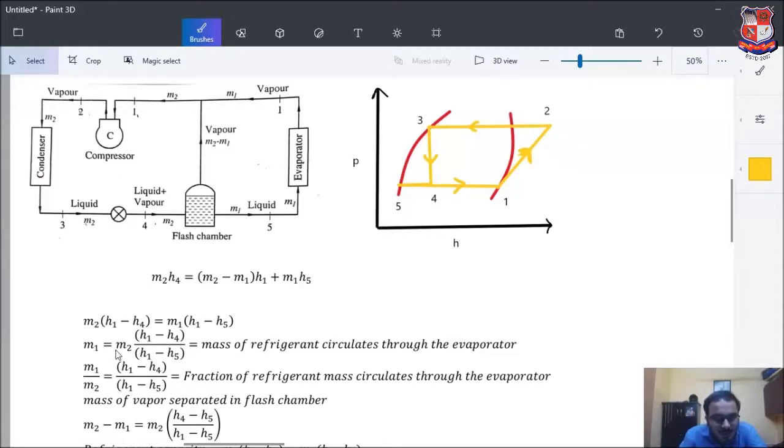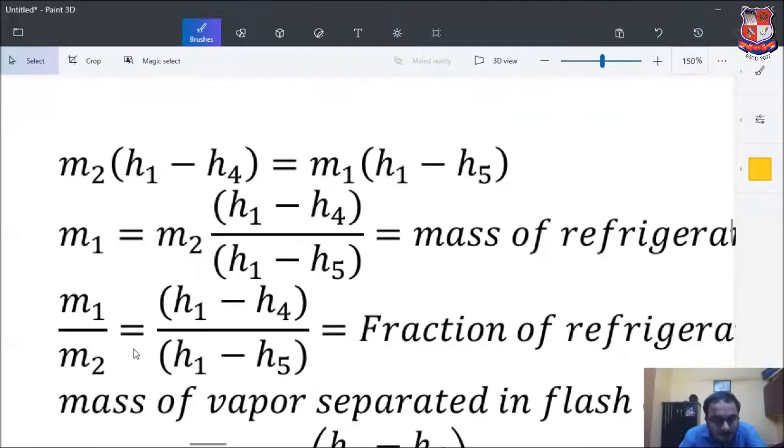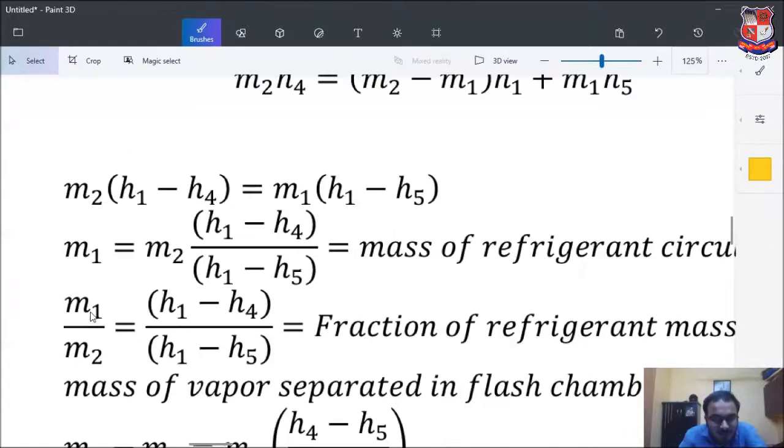Okay, and here now M1 is equal to M2 into this ratio, and M1 is what? If you see in this figure, M1 is the mass of refrigerant that is actually circulating through the evaporator, and M1 upon M2, see, M2 is total, and M1 is the mass of liquid refrigerant which is passing.